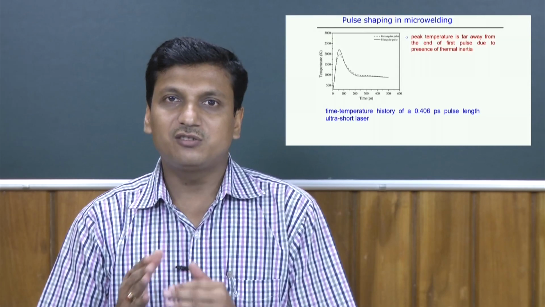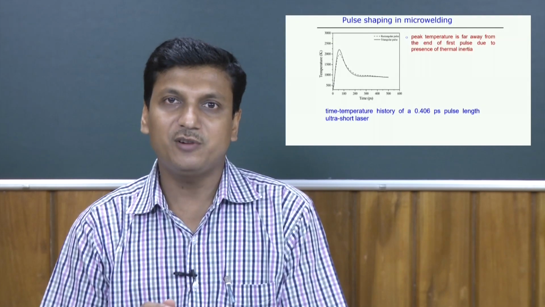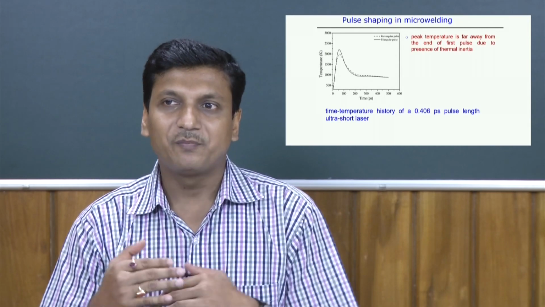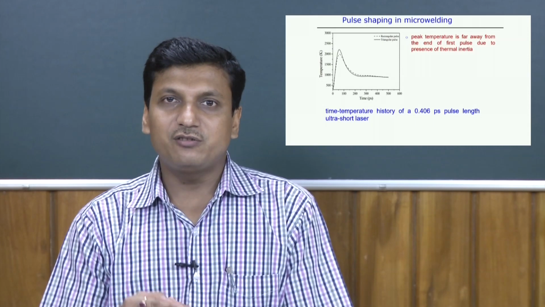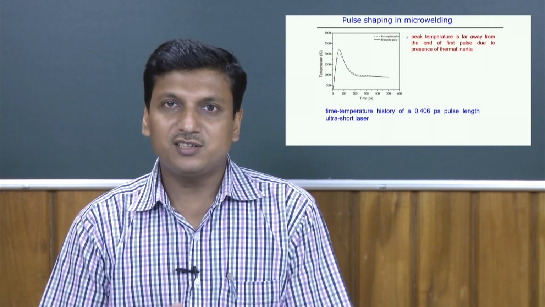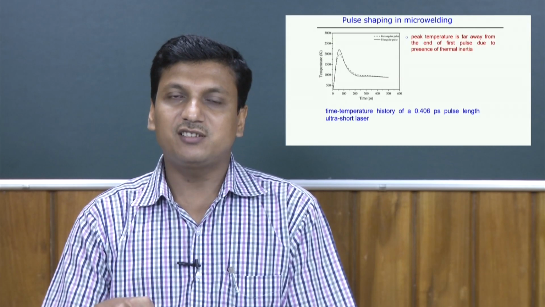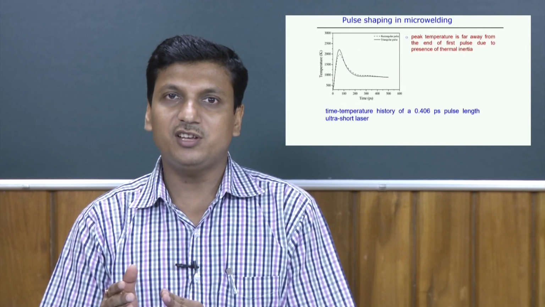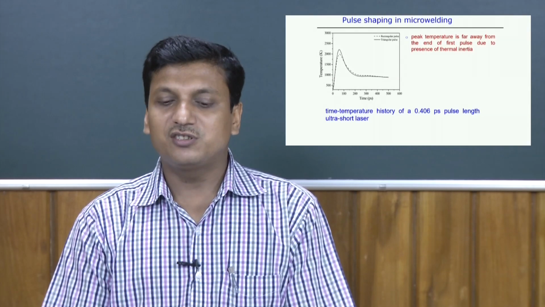So, there is no lag or gap between the application of the flux and the development of the temperature within the body. That is the basic assumption in Fourier heat conduction. But when you use the ultrashort pulse laser, there may be some gap between the application of the heat flux and the development of the temperature within the body. That gap is characterized by the relaxation time for the specific material.